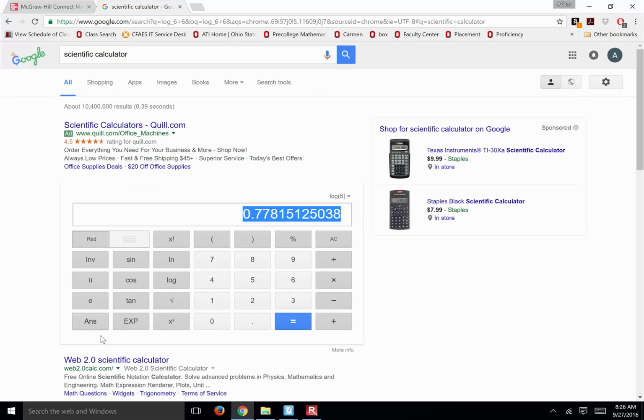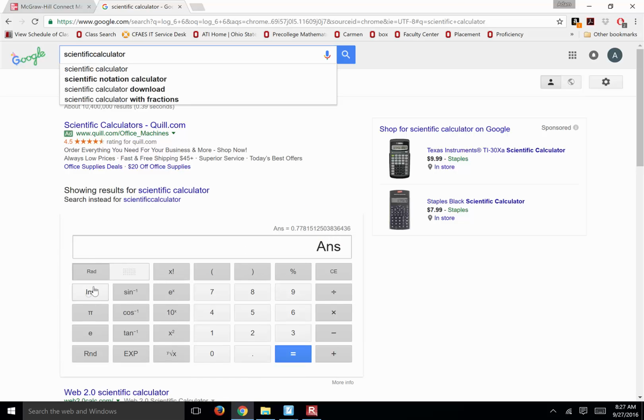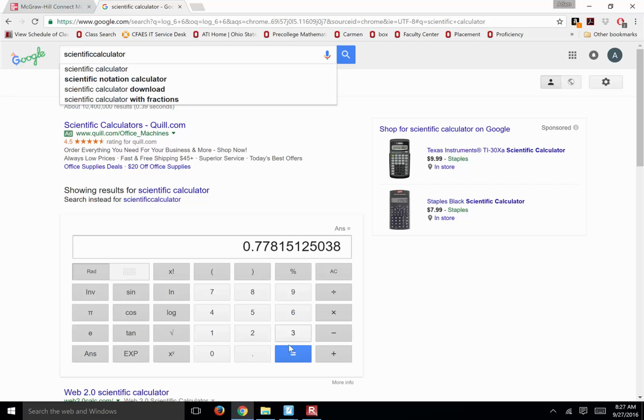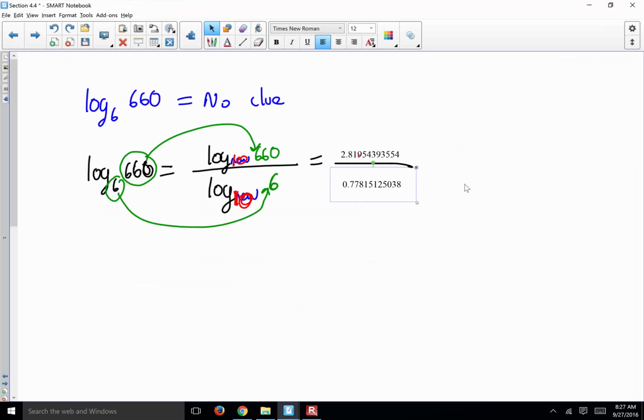And I don't know how to copy all that. What is this one? Okay, but I need that in the denominator. Oh, how about inverse? No, that's inverse. I'm not good with calculators, but you need to divide these two numbers.